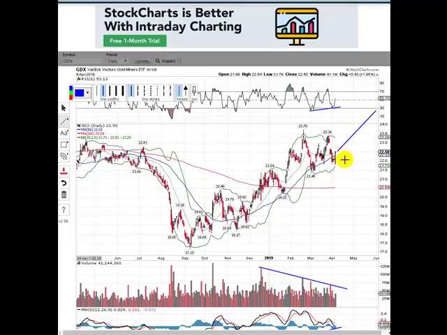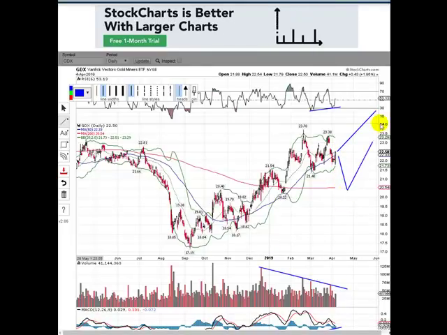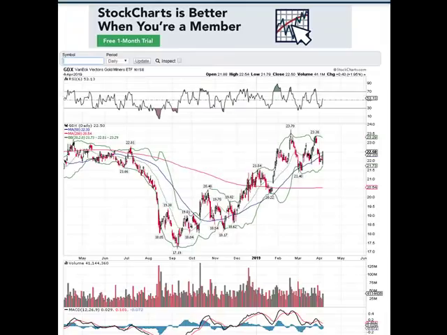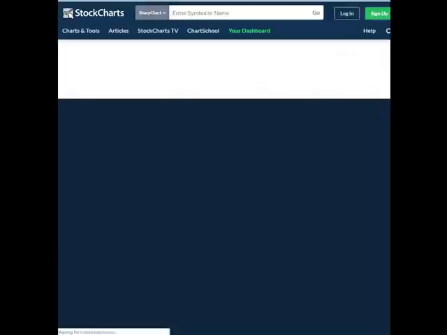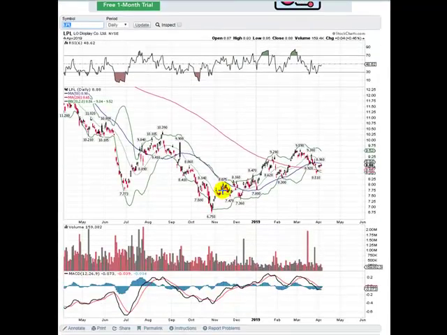We may go on up from here, or we might for some reason have one more push lower towards the 200-day moving average before heading higher. Either way is fine. Either way is normal market mechanics. So just know that's all normal, and either one can be equally as expected.